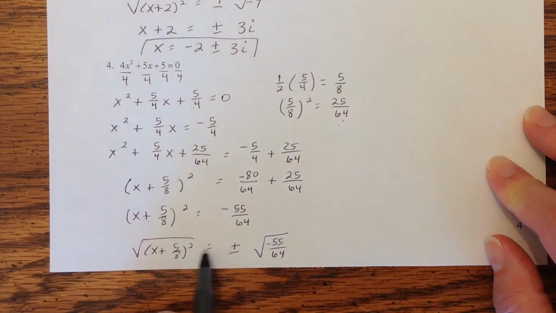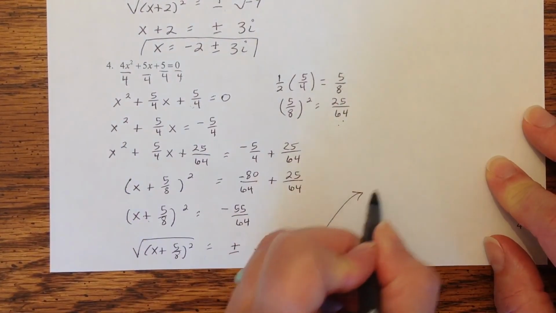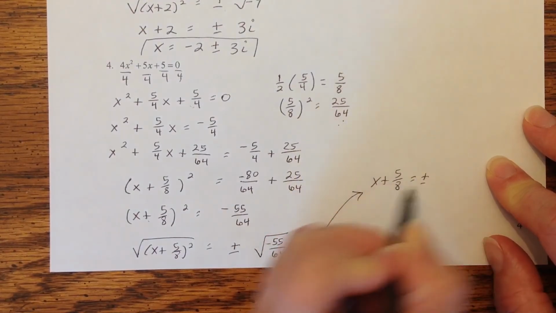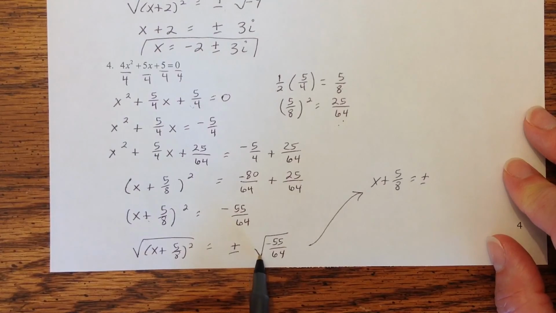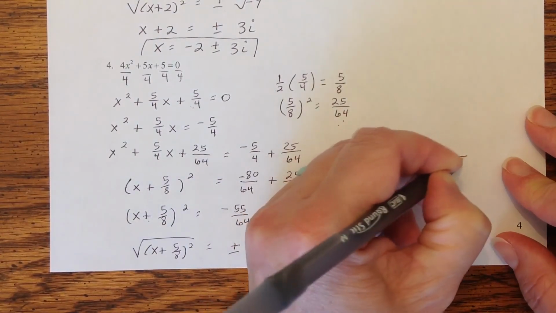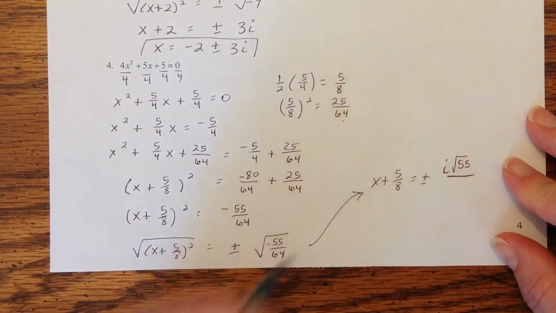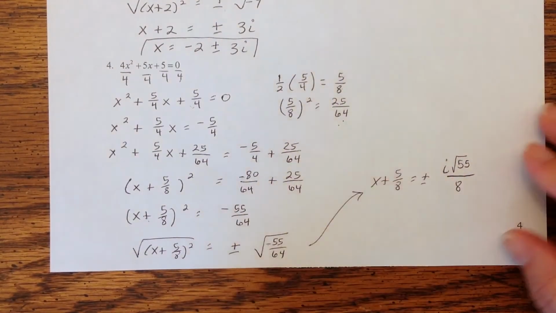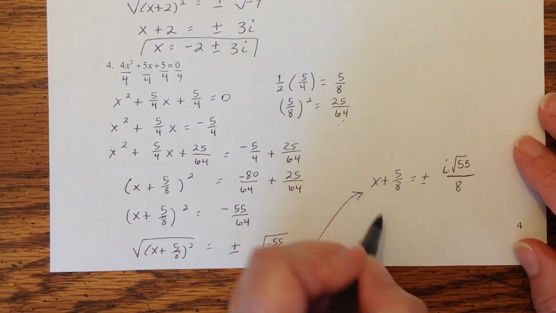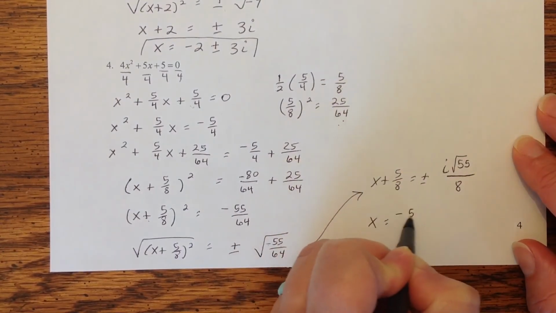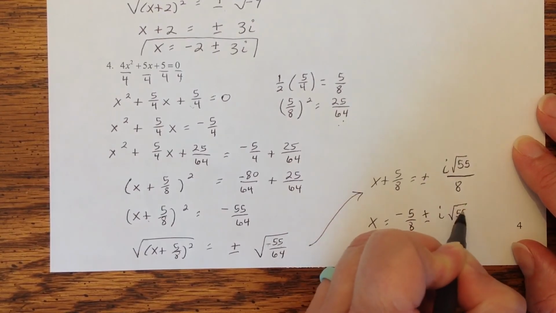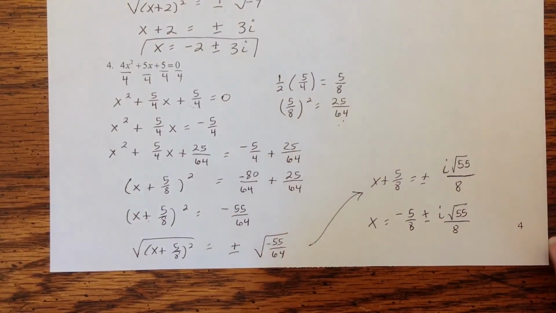So the square root of a square cancels each other out, so I get x plus 5/8 equals plus or minus. The square root of negative 55 will be i root 55, and the square root of 64 will be 8. I'm going to move over my 5/8 by subtraction, so I get x equals negative 5/8 plus or minus i root 55 over 8.